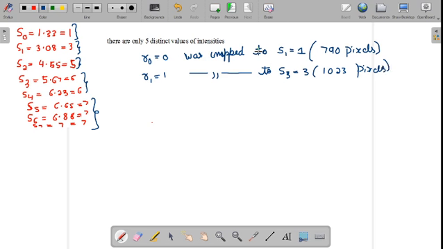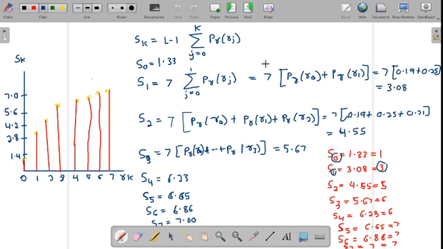Next, R2 equals 2. Observe here, R2 is mapped to which one? It's 5.